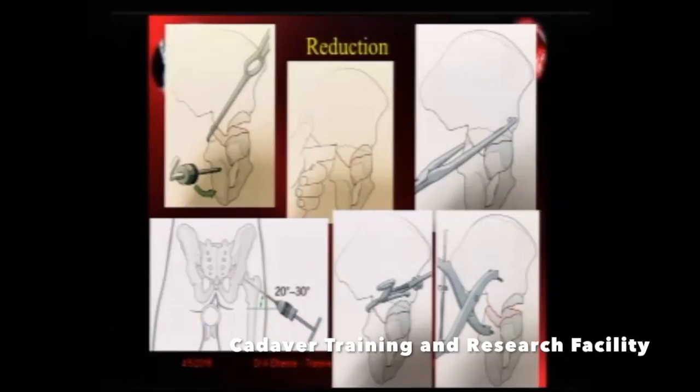The other modality of checking this reduction is that once you have reduced it, you put your finger, if I am posterior and this is how I am operating from behind, I can put my finger through the greater sciatic notch and I can feel the pelvic brim in its entirety.